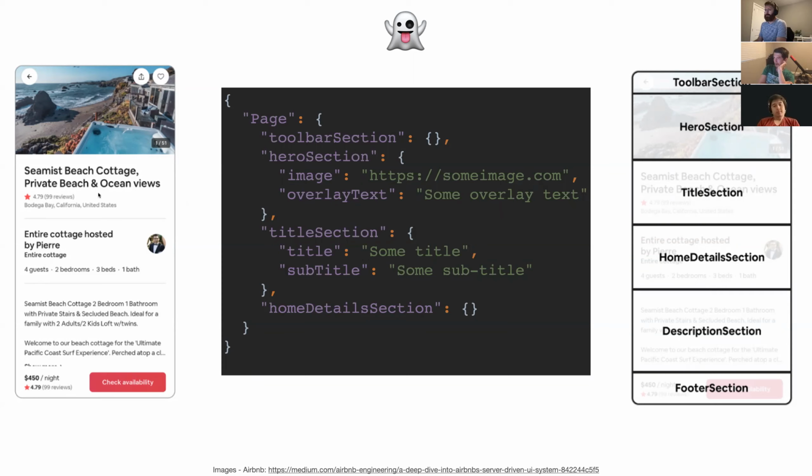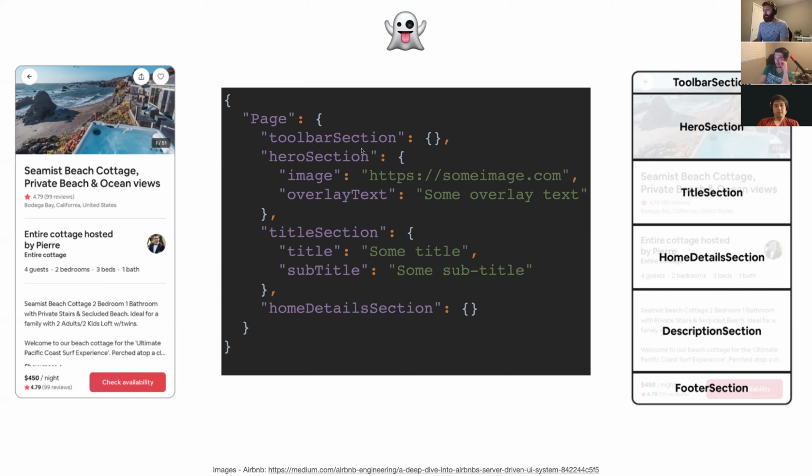You can see how that maps into this finished UI on the left here. So your home details section is this entire cottage hosted section. So the backend has the capability to provide these different sections in different orders, and really maybe they want 10 title sections or 10 home details sections, but it gives a lot more control to the backend in that way.